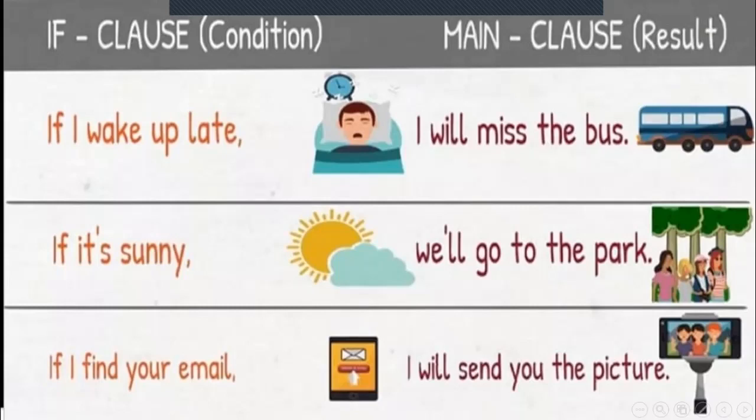Here also we use the verb find in the present. And here we use the verb to be in the present. Here also we use the verb walk in the present. So in the main clause, we use will plus infinitive. We say will miss, will go, will send.